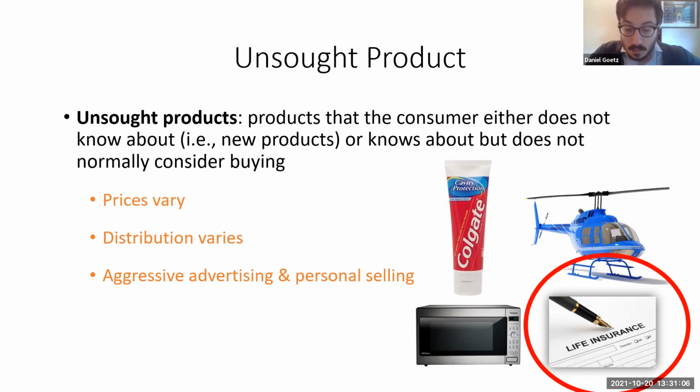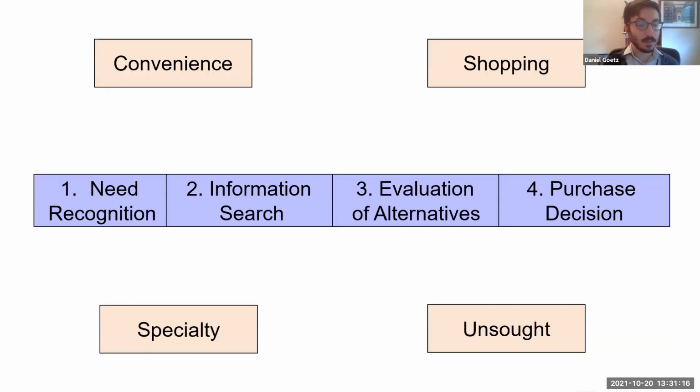Now, again, when we classify these products, we do it with the goal of having it help us make a decision, right? One of those potential decisions is when should we be targeting consumers with promotions? So when I say when, I mean at what point in the buyer decision-making process?